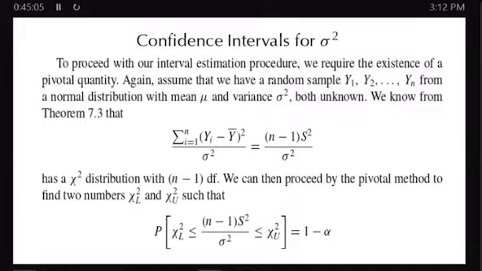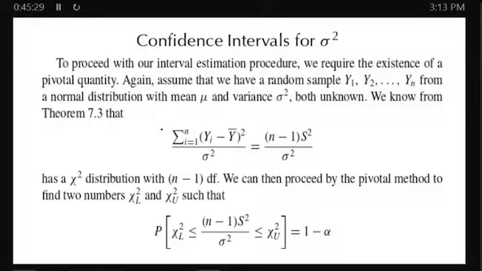Now, lastly, before I go, I told you the other time, a population parameter could be mean, it could be variance. We've been focusing on mean and proportion. We can also conduct statistical inference on variance. So the confidence interval for variance can also be done as well.